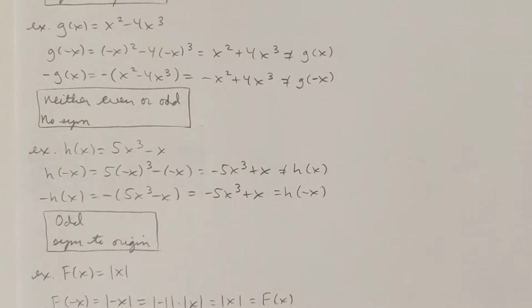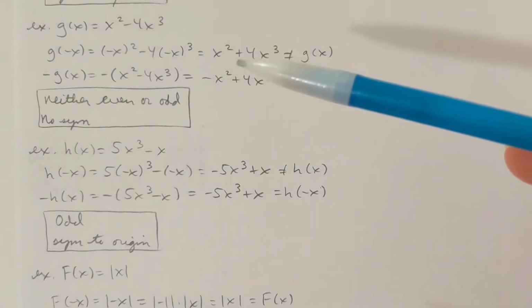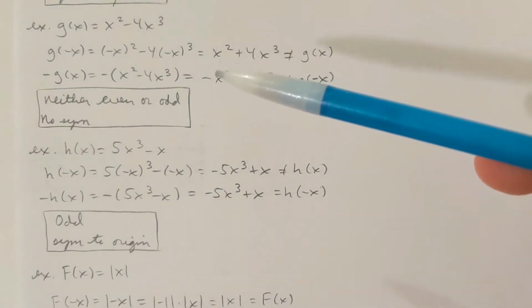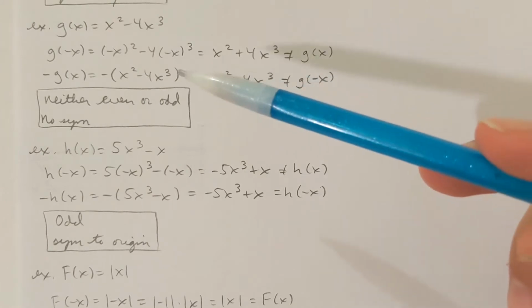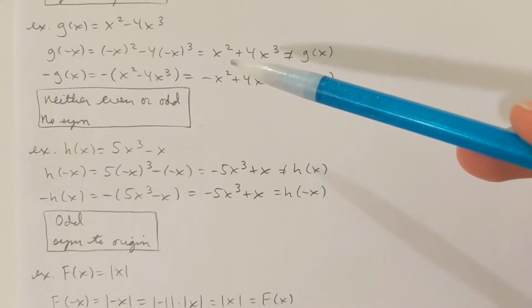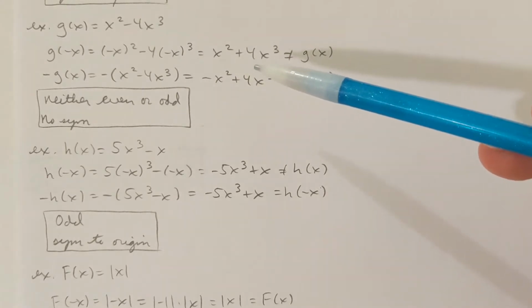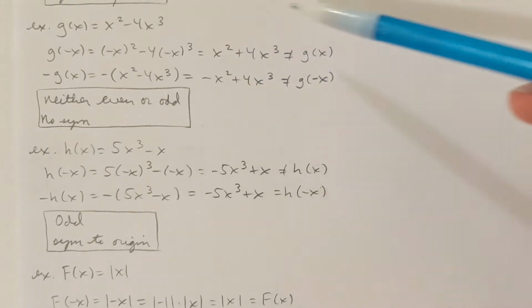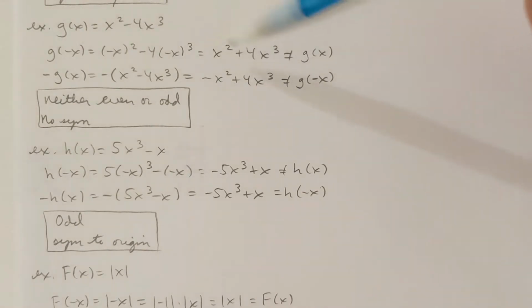Suppose we have g of x equals x squared minus 4x cubed. You're always going to start off with f of negative x or g of negative x. Negative x squared minus 4 times negative x cubed is the same as x squared plus 4x cubed, and we have a change of sign on the second term.